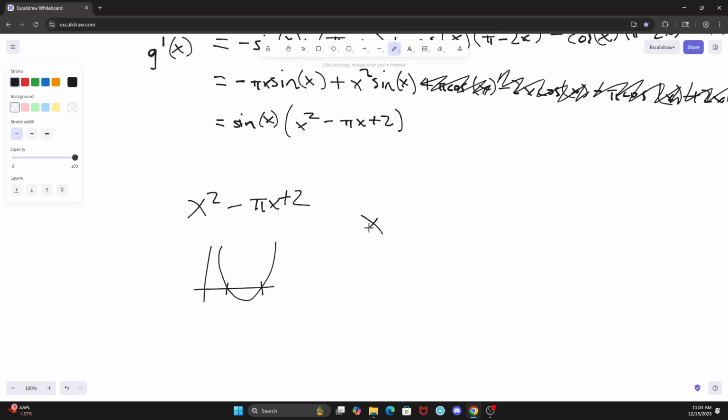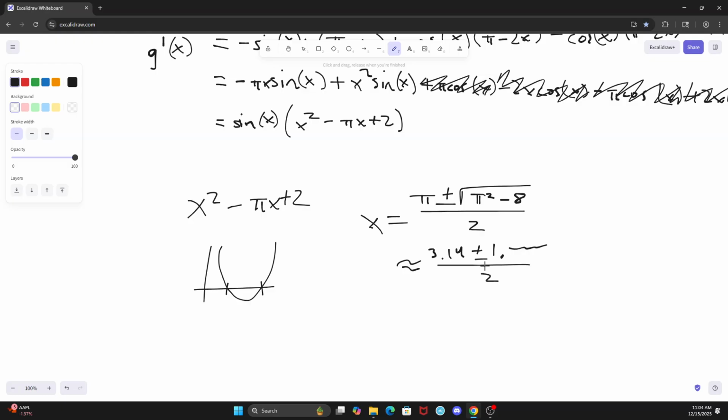And so by the quadratic equation, we have that x is equal to pi plus or minus the square root of pi squared minus 8, over 2. And so approximating this, we have 3.14 plus the square root of pi squared, which is going to be like 9.something, minus 8, that's 1.something, and square rooted, that's still 1.something, so that's very small, over 2.